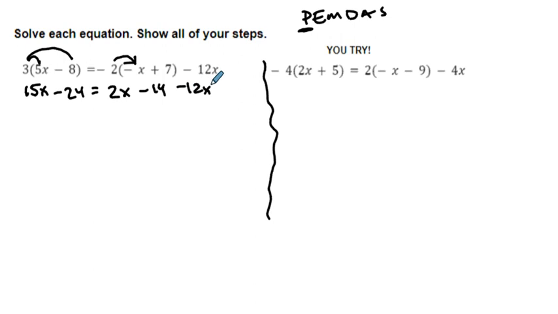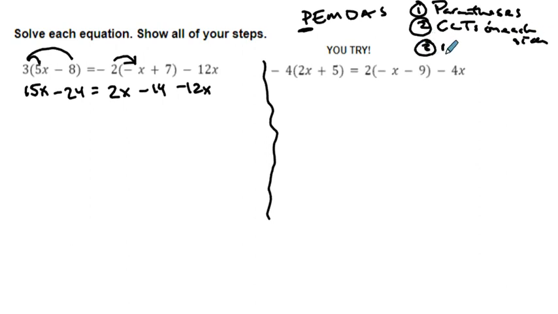My strategy is always, first of all, deal with the parentheses and take care of those immediately, and then do any collecting of like terms on each side, and then the third step, you can start doing your rearranging to solve.